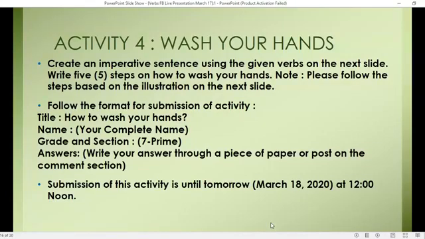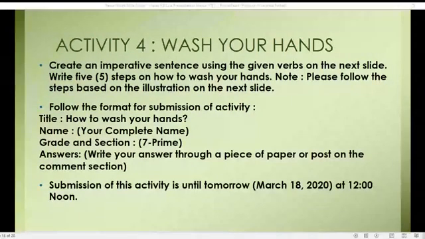Dun po sa mga hindi pa nakapag-submit, please submit it via PM po. Okay. For this activity, you have to follow the same format as the previous activities. So, the title, how to wash your hands, then your complete name, grade and section, and your answers.